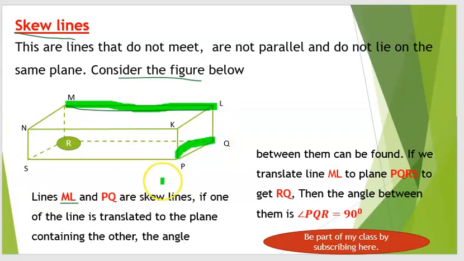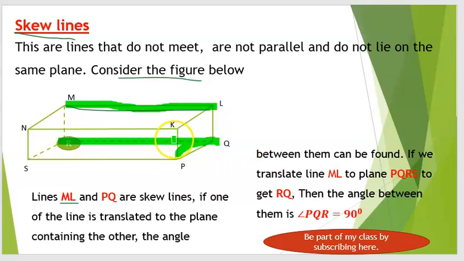The two lines are skew lines, and if you want to find the angle between them, you can translate this line LM so that it becomes LP, or becomes RQ for that case.